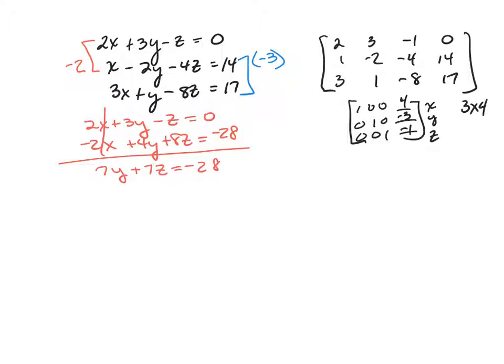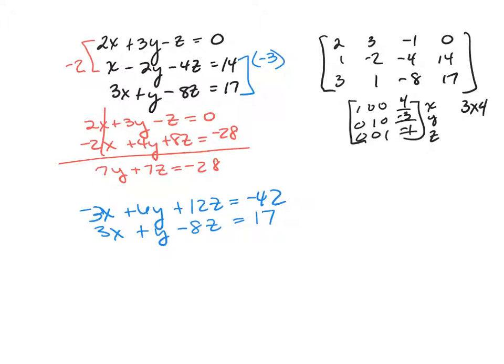So the second one this time. Yep. So now we have -3x plus 6y plus 12z equals -42, and 3x plus y minus 8z equals 17.